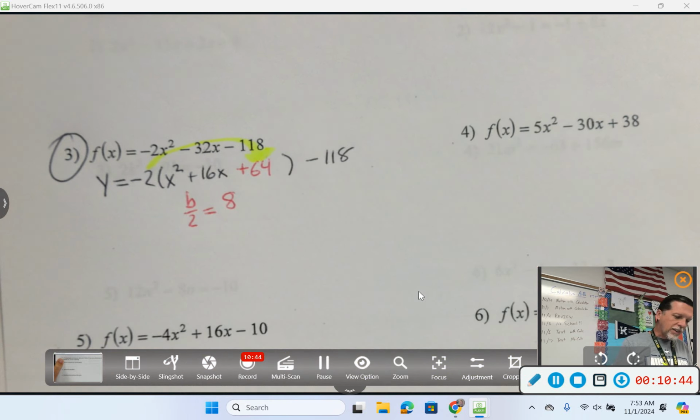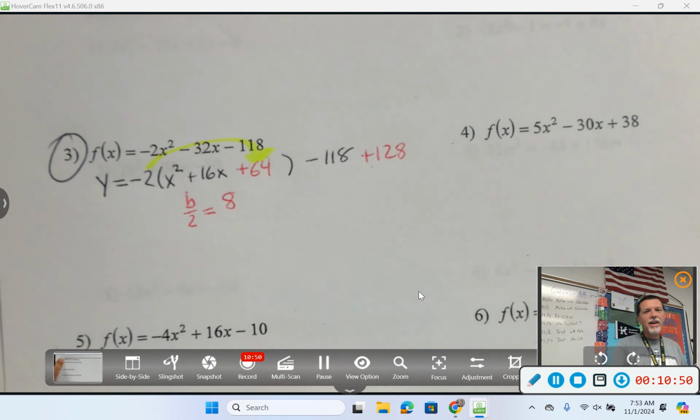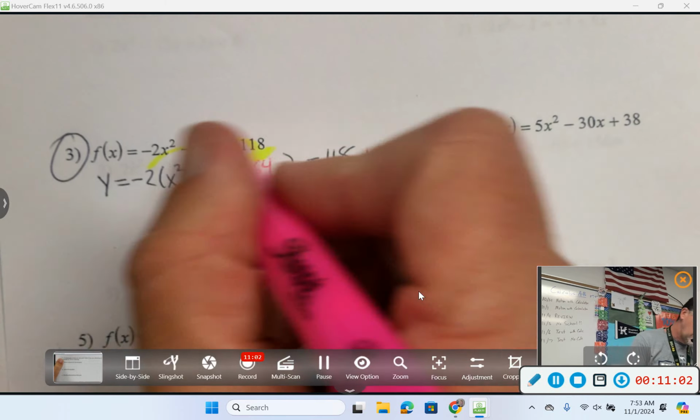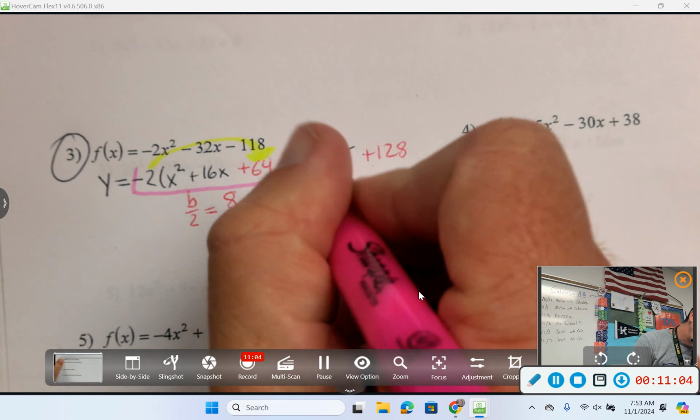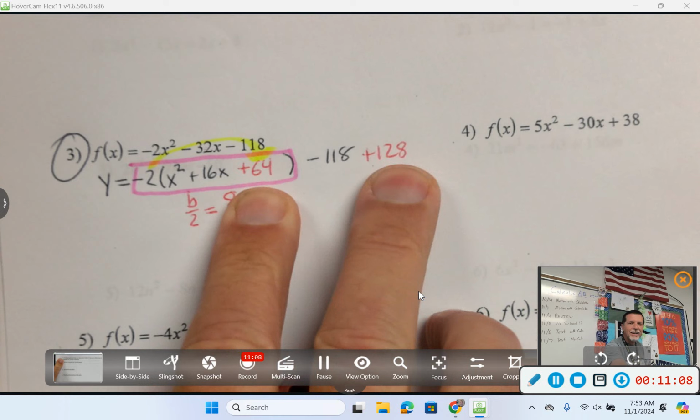I subtracted 128, so I need to add 128. Yeah? So I wrote plus 64, but that meant I subtracted 128, which now means I need to add 128. The negative is no effect on it. No, it does have an effect on it. That's why we add it. Usually we subtract it.